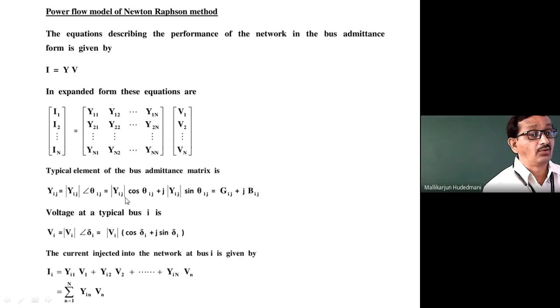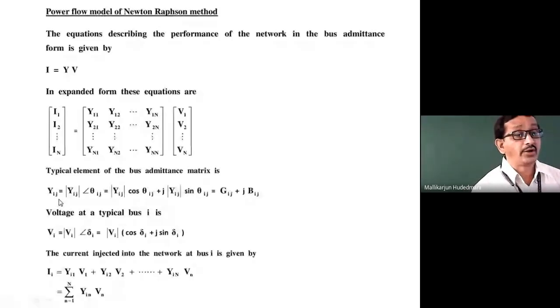Now, this is with respect to admittance. Now look at the voltage viewpoint. We have several voltages V1 to Vn. How can Vi, the ith bus voltage vector, be written? Vi can be written in polar form as magnitude Vi, angle delta i. Delta i refers to the angle associated with the vector Vi from its reference.